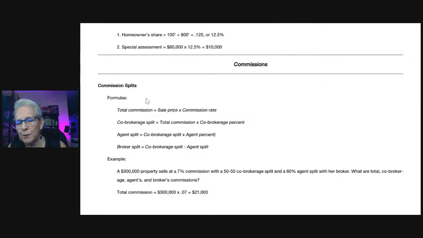The commission splits. Say Keller Williams doesn't want to offer a 90-10, which is a reasonable commission. Yet most Keller Williams have a 70-30 split. I was with Keller Williams in 2 different markets, or actually 3. And it's typically 70-30 plus a 3% franchise fee.